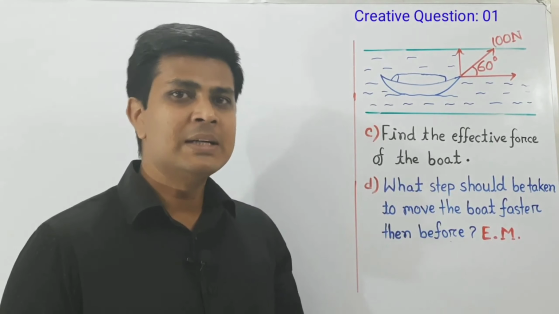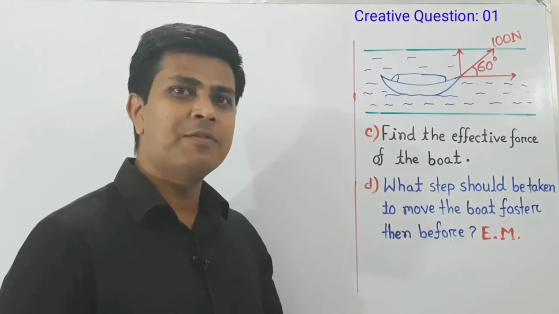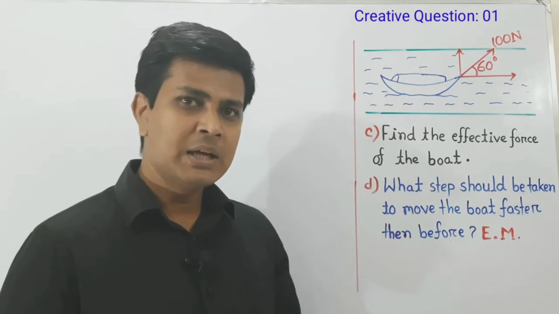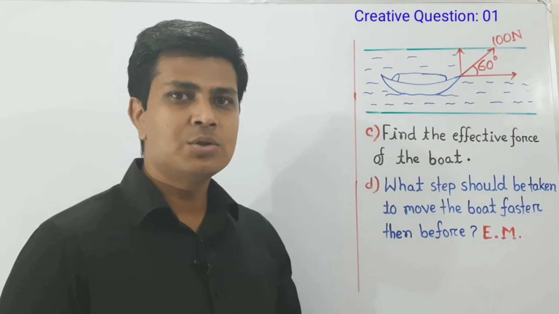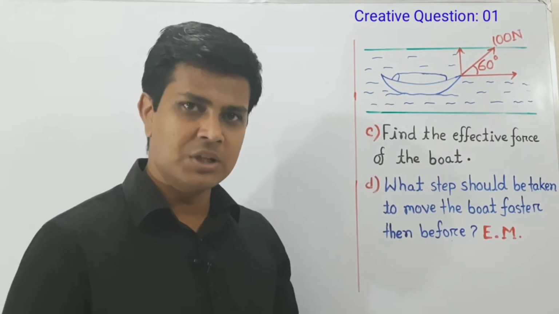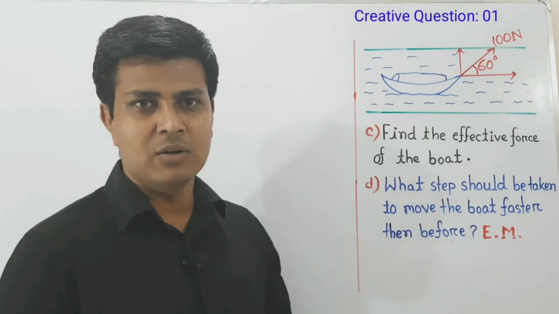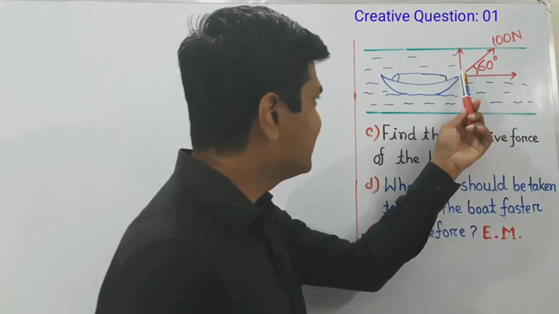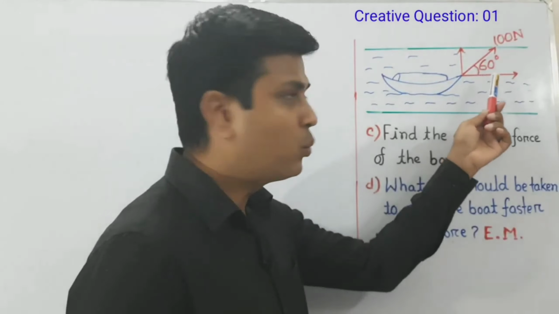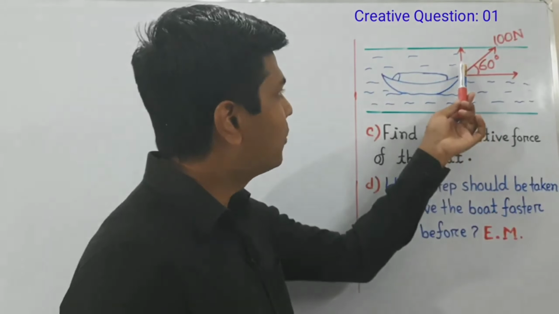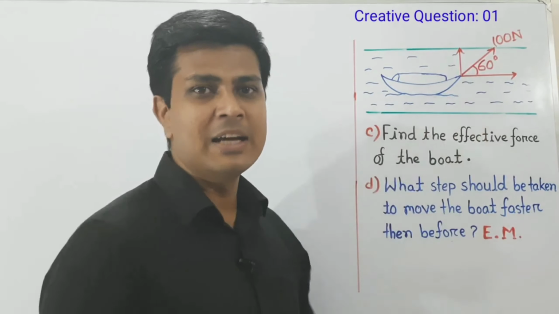We have already discussed the effective force and ineffective force. If you resolve the vector 100 Newton, then we will get two components, one horizontal and one vertical. Here you can see this line is the horizontal plane, because it's making an angle with the vector, and the opposite line is the vertical plane.